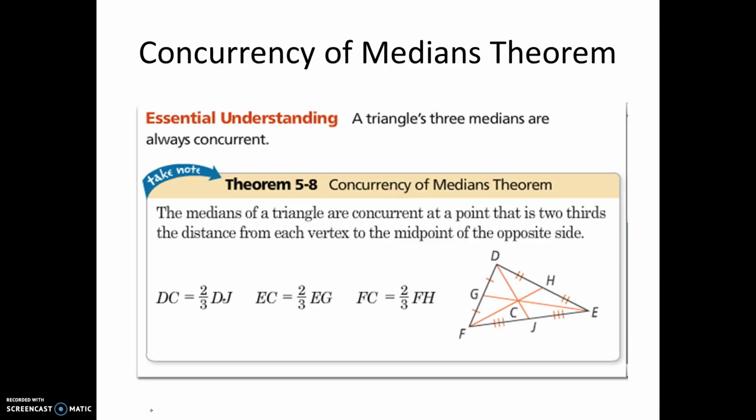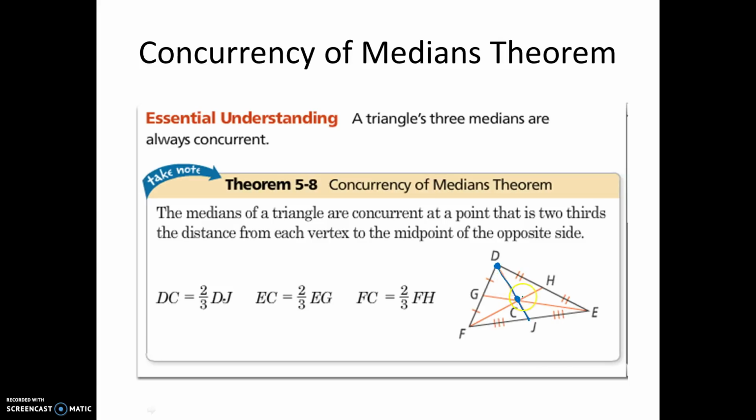One unique thing about a centroid is the medians of a triangle are concurrent at a point, which is the centroid, that is 2/3 the distance from each vertex to the midpoint of the opposite side. So if I explain that a little differently, if you look at this median right here, doesn't it look like DC is about 2/3 of the way to J?